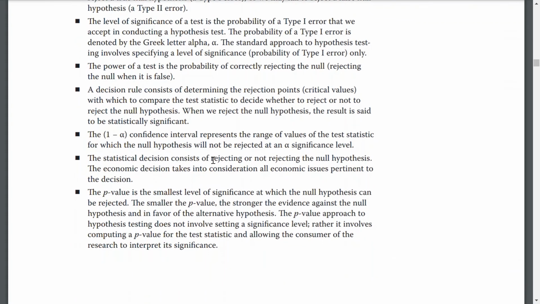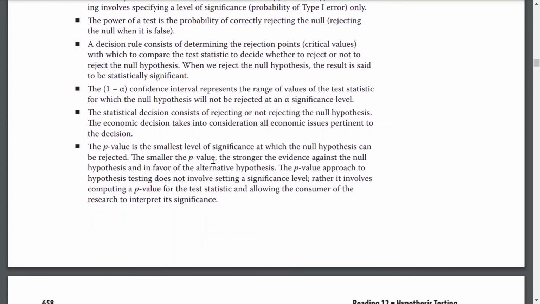A 1 minus alpha confidence interval represents the range of values of the statistic for which the null hypothesis is not rejected. At the alpha significance level, the statistical decision consists of rejecting or not rejecting the null hypothesis. The economic decision takes into consideration all economic issues pertinent to the decision.